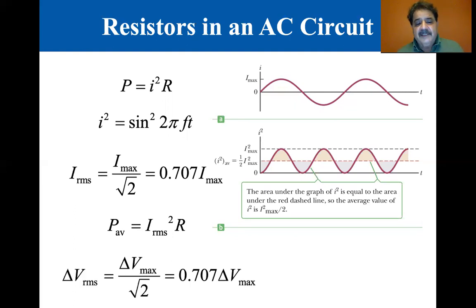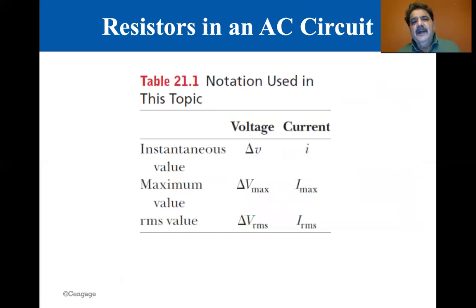Delta V RMS is equal to delta V max divided by square root of 2, and it's 0.707 delta V max. So that 1 over square root of 2, which is equal to 0.707, is going to be a common multiplier used in this section.